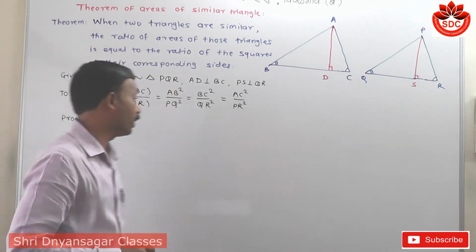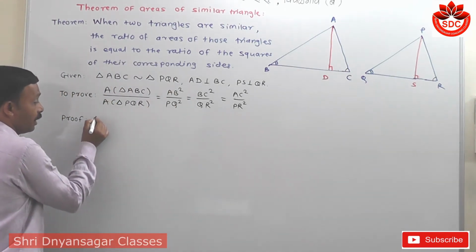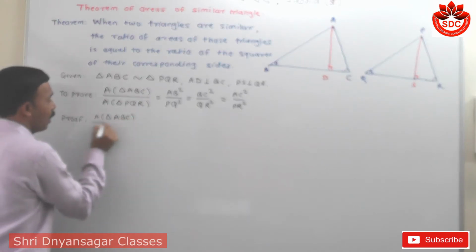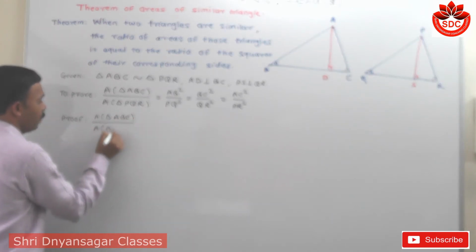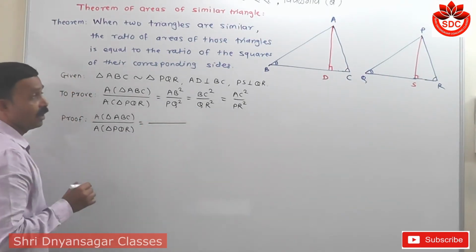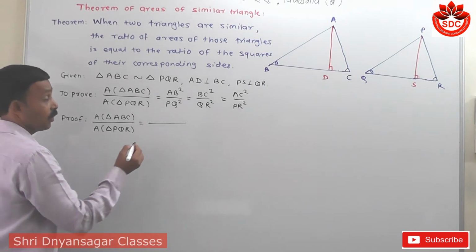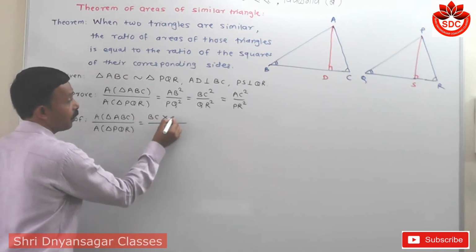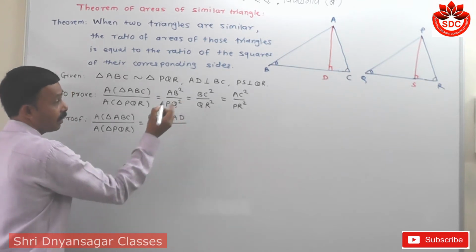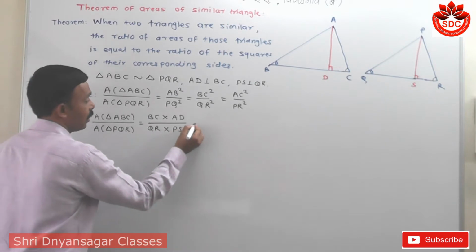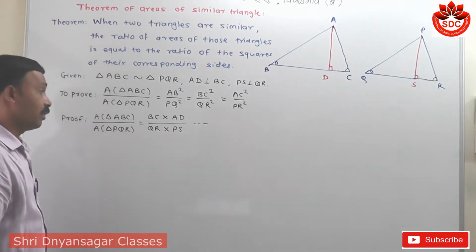By using this property, first I take here, area of triangle ABC upon area of triangle PQR is equal to the ratio of the product of their base and corresponding height. The base of the first triangle is BC, its corresponding height is AD, and for the second triangle the base is QR and the corresponding height is PS.